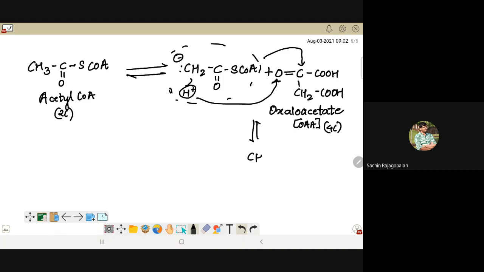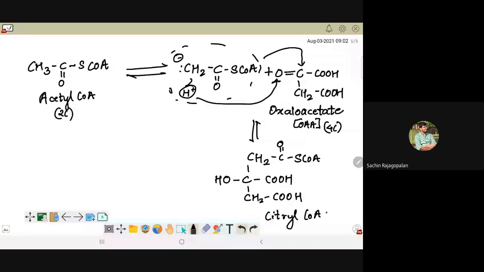So let's see, here is the acetyl CoA group, and it attaches itself to the carbon of oxaloacetic acid. This is the compound that it forms, which is called citryl CoA. Okay, it's called citryl CoA.